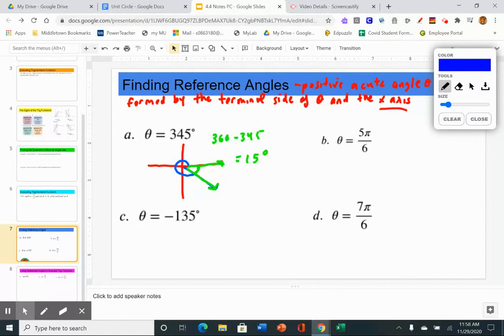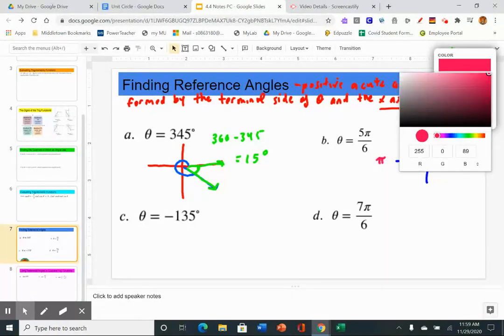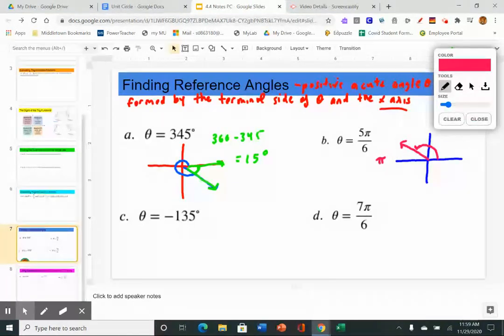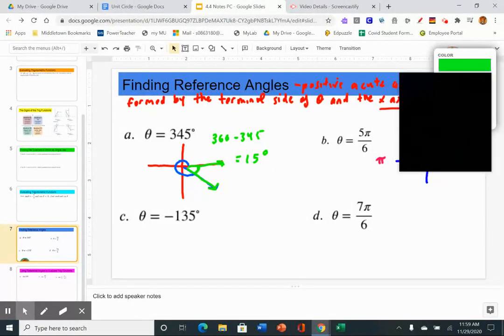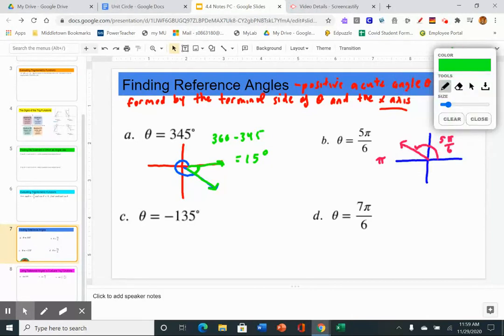So we have 5 pi over 6. Now I'm going to draw a little grid. 5 pi over 6 is located in quadrant 2. Remember, quadrant 2 is a full pi, 180 degrees. So if this right here in pink is 5 pi over 6, we have to figure out what this piece remaining is.